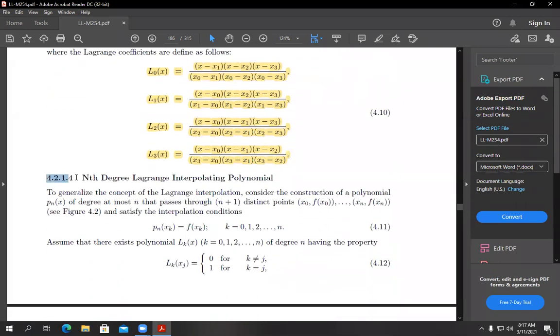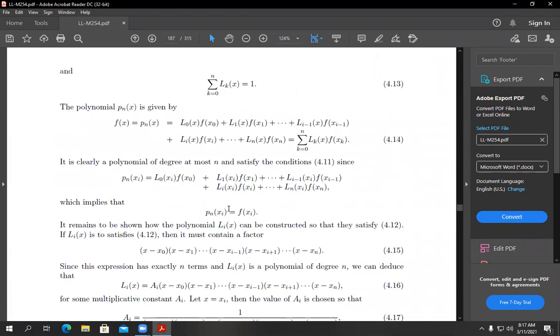Then I give you the generalized formula for degree n. This is the formula for degree n we have here now. Of course, you have to find out the values of L0, L1, L2, up to Li. Sorry, this is xn here, not xi.